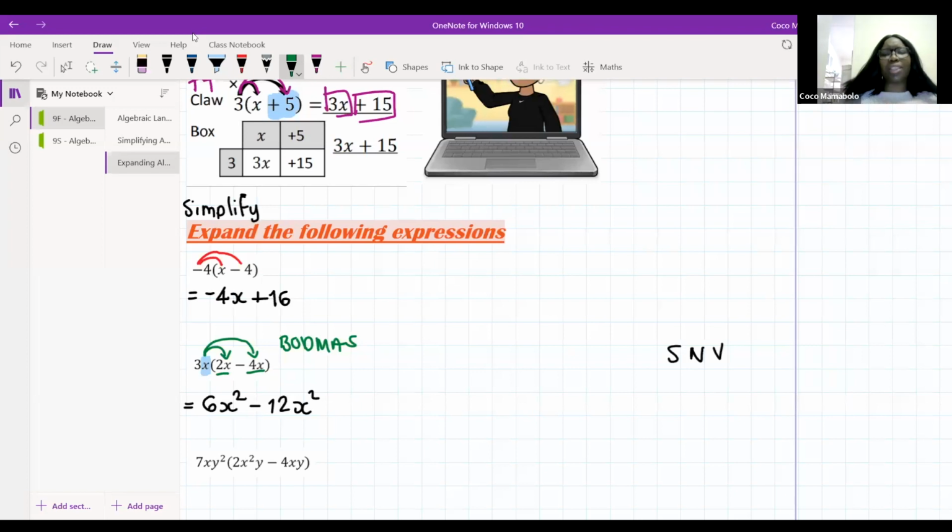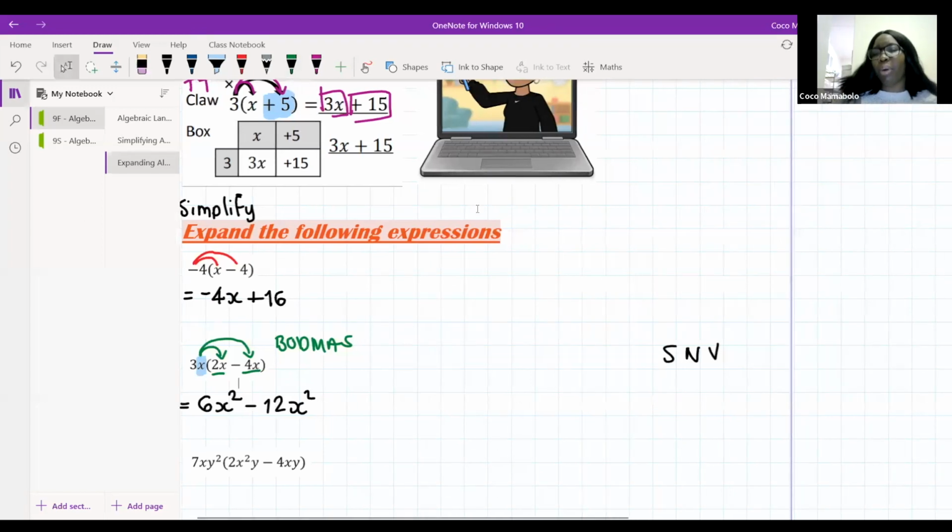Anybody remember? Put the answer in the chat for me. Both of my terms have x as a variable. I can tell you guys now, I've looked at your teacher's notes, and you did discuss this. There we go. That's it, Suku. They are like terms.